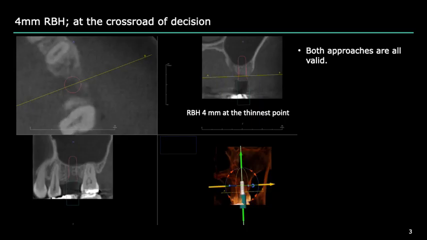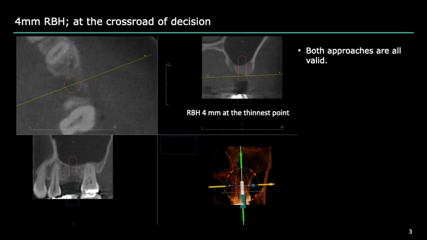For example, this is a single molar replacement case with a 4 mm of residual bone. In my hand, lateral window was comfortable, but you can also have a chance for transcrestal approach as well.